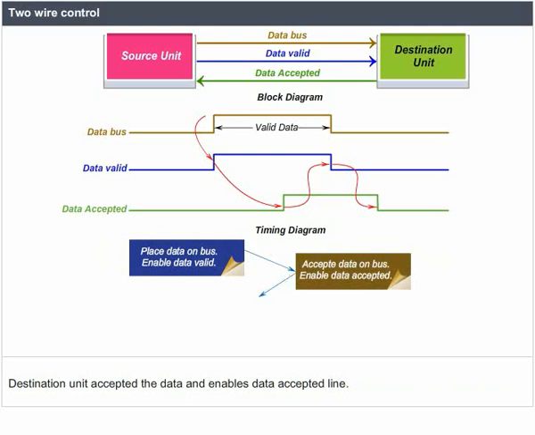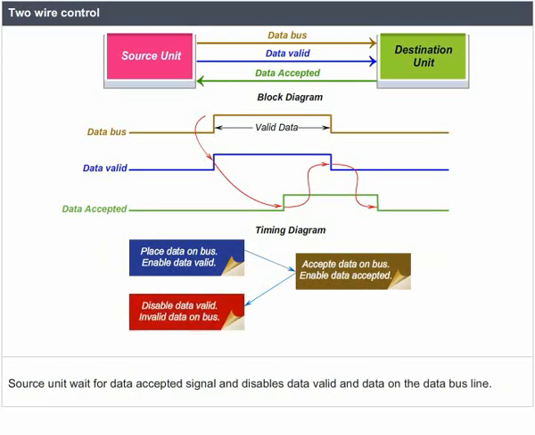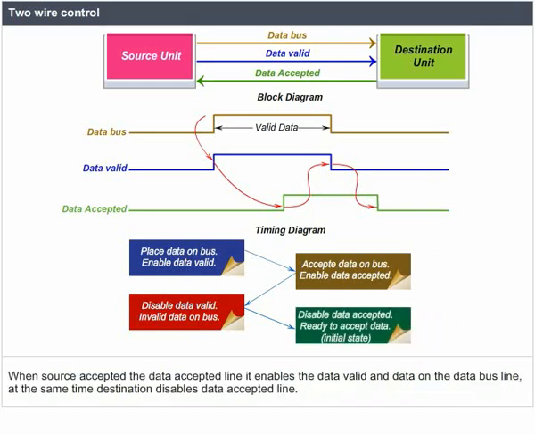The destination unit accepts the data and enables the data accepted line. The source unit waits for the data accepted signal and disables data valid and data on the data bus line. When the source accepts the data accepted line, it disables the data valid and data on the data bus line. At the same time, the destination disables the data accepted line.